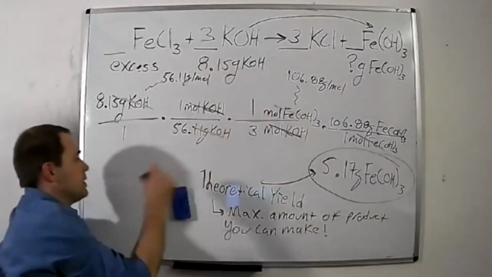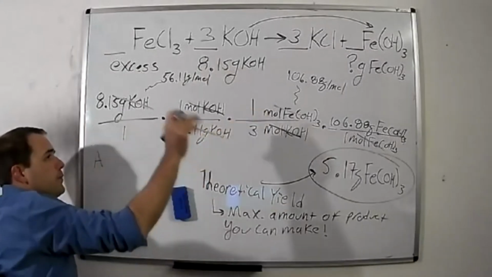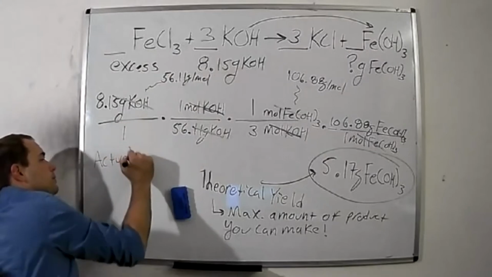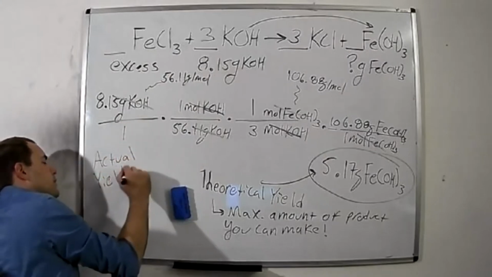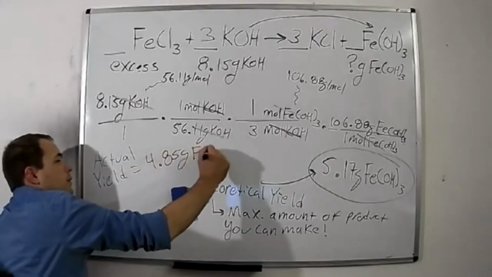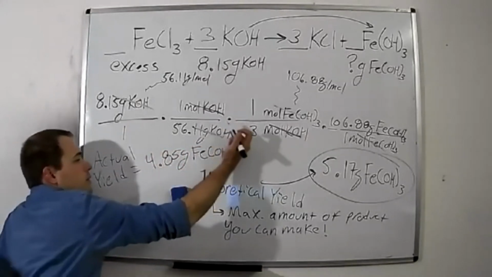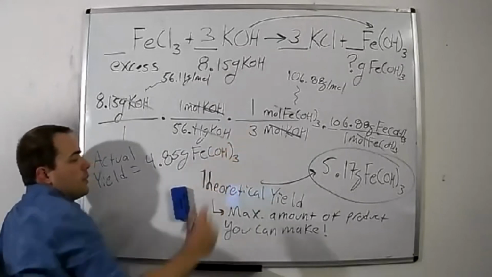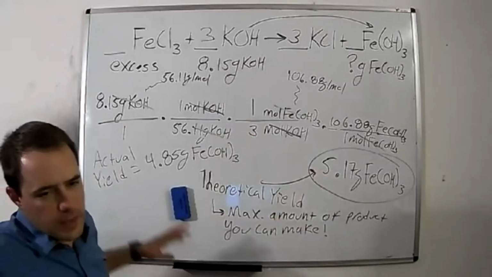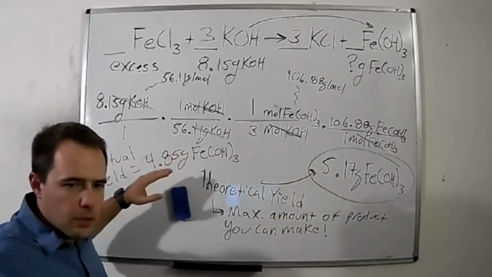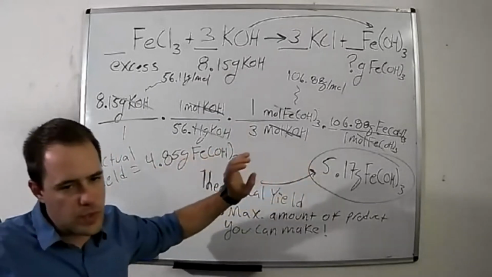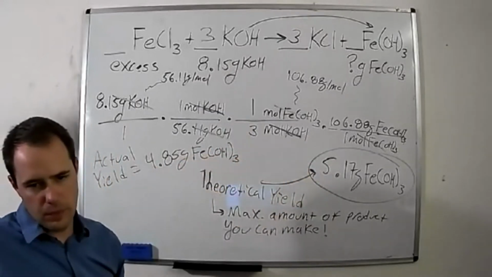You do it, you collect the iron 3 hydroxide, and let's say your actual yield is 4.85 grams. You're supposed to get 5.17 grams, but things never go as planned, and almost every time you will get something less than that.